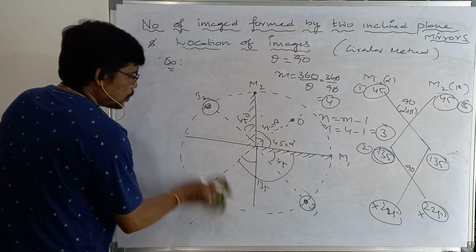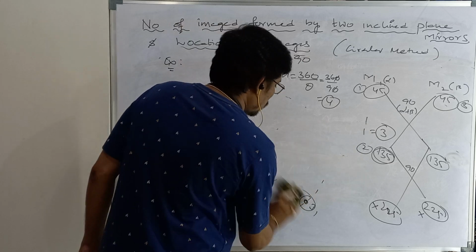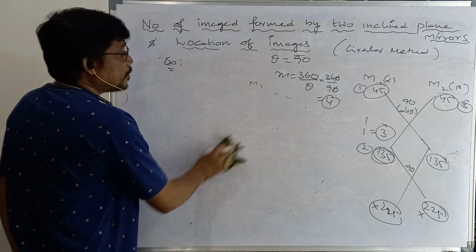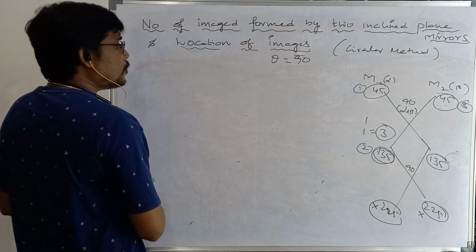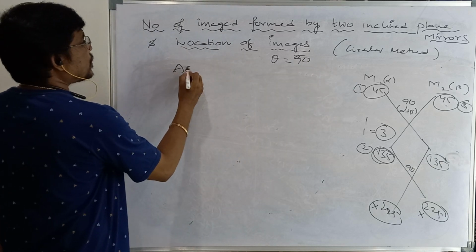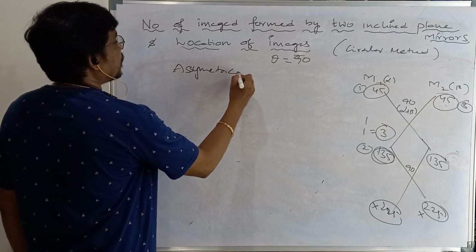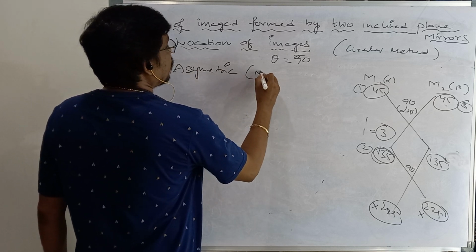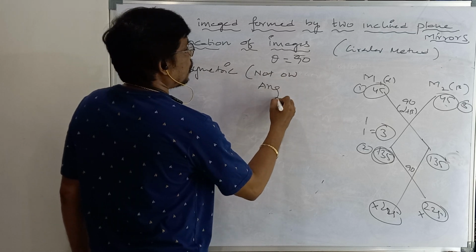Similarly, this is where the image is formed. Here 45, 45 means symmetric. Similarly, you can consider the asymmetric case also, where the object is not on the angular bisector.